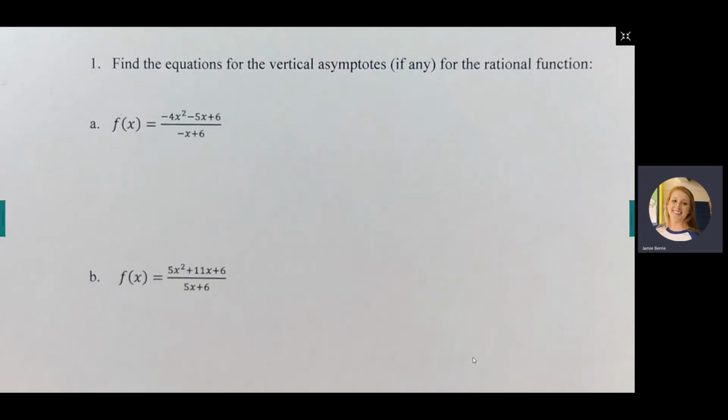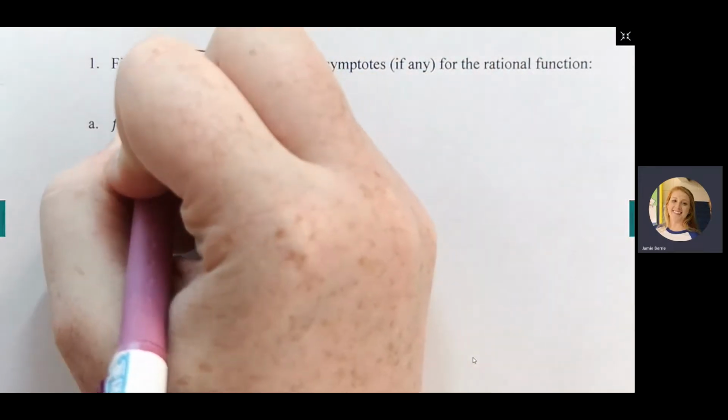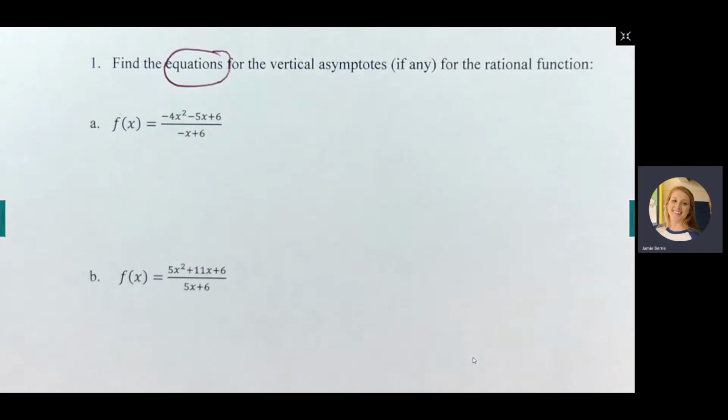There's notes up here if you didn't grab any. This word in here, equations, is important. We'll talk about why that is in just a second. So find the equations for the vertical asymptotes, if any, for the rational function. And then we have our two rational functions there.